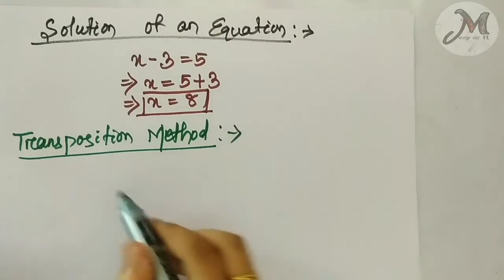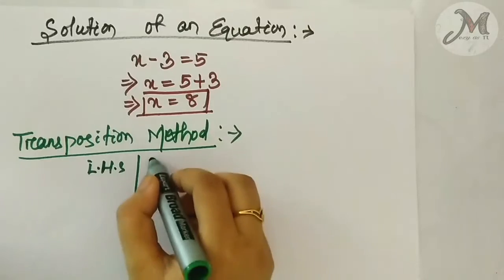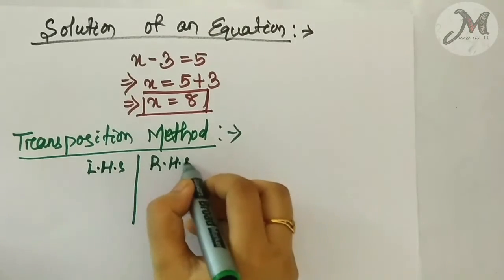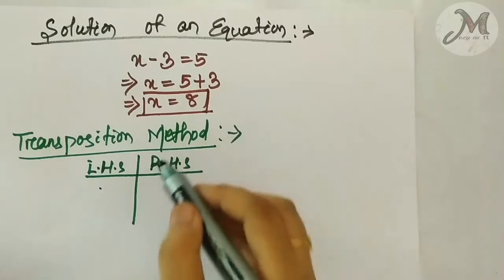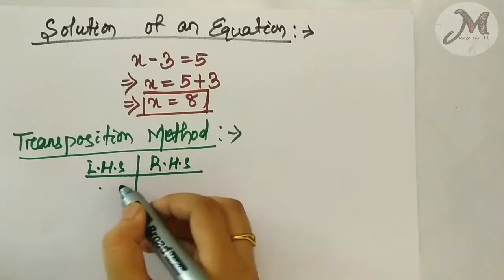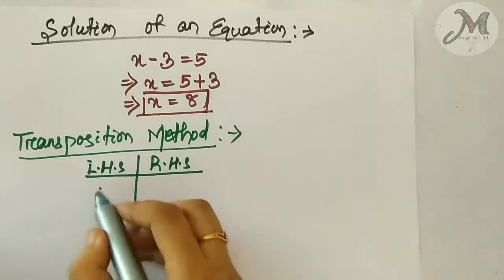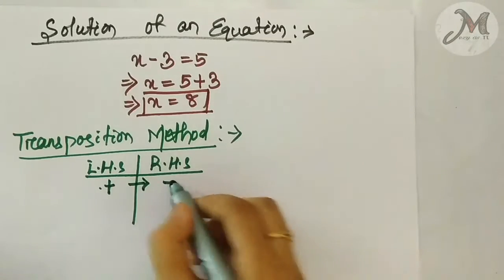In the transposition method, when one part goes towards the right hand side, suppose the LHS part goes towards the right hand side or the RHS part goes towards the LHS side, then the sign changes. Okay, if the sign is plus, it will be transposed to minus.